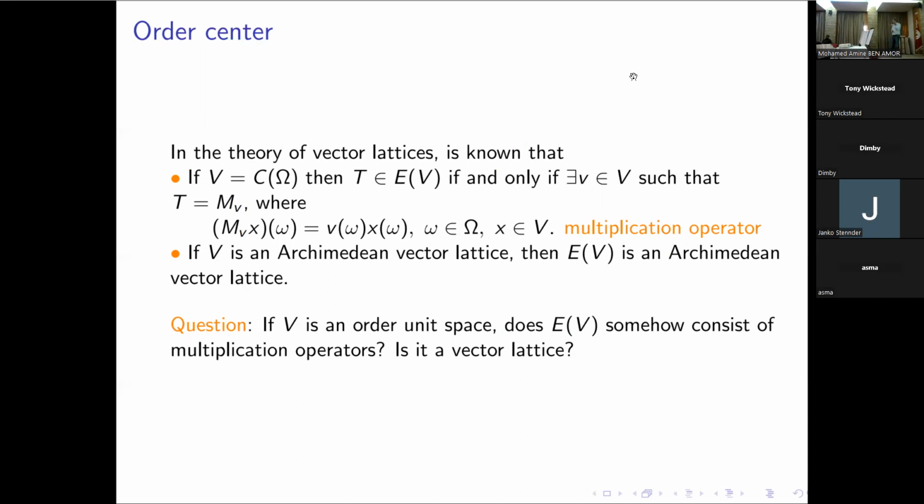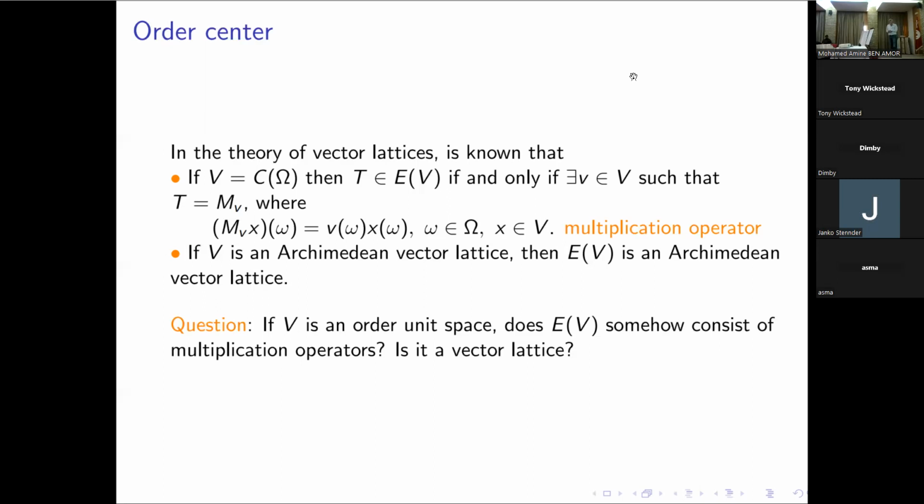So it just multiplies everything by one fixed function from the space of continuous functions. So then it is if and only if between multiples of the identity operator. And if you have any Archimedean vector lattice, then it can be shown that the order center is always an Archimedean vector lattice. So it becomes a vector lattice again.